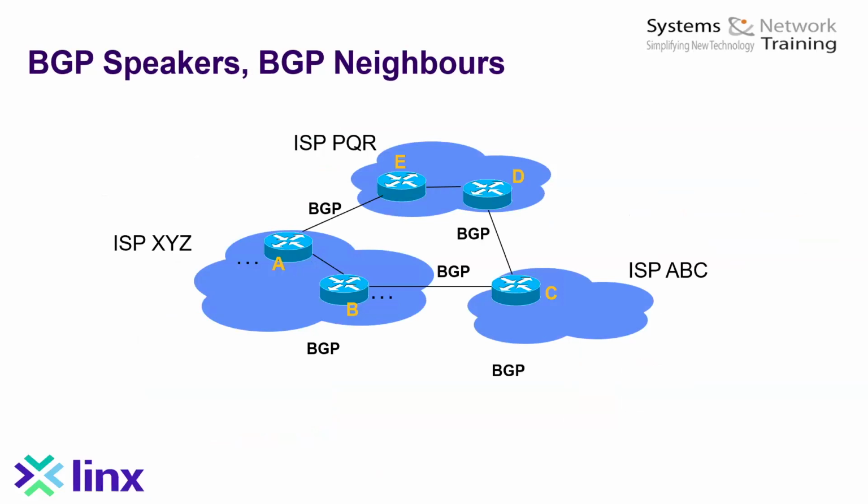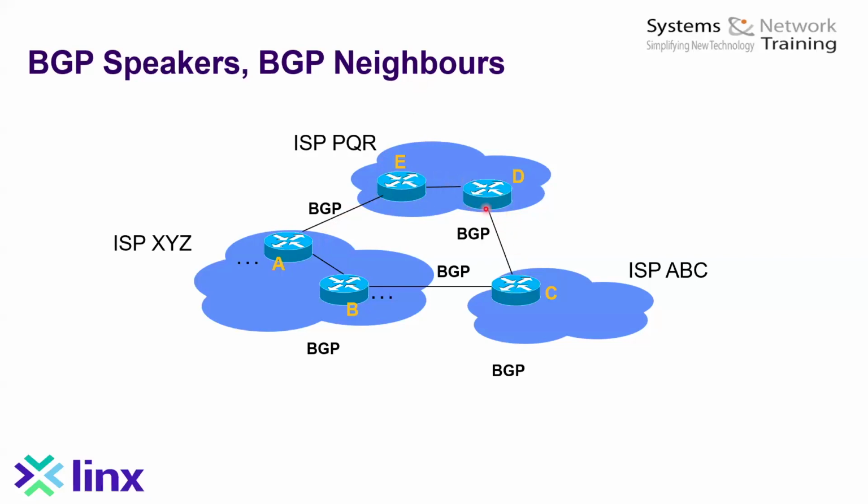So just extending this conversation a little bit further to have a look at some more terminology here. We have something called a BGP speaker and a BGP neighbor. So firstly, with respect to the term BGP neighbors, what do we mean by that? Well, where we have a peer session between BGP routers, such as here between A and D, or between C and D over here.